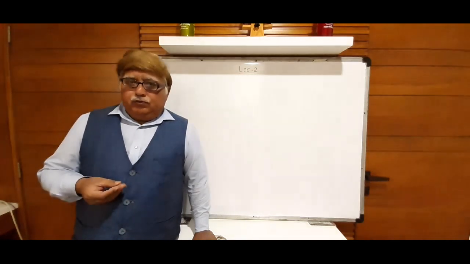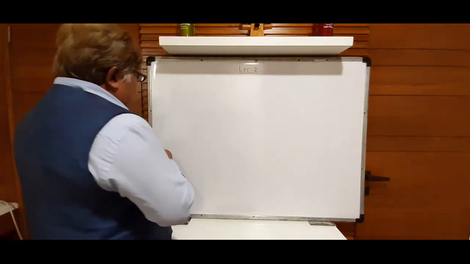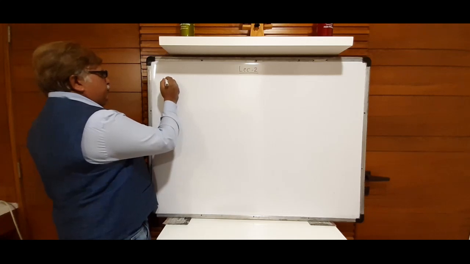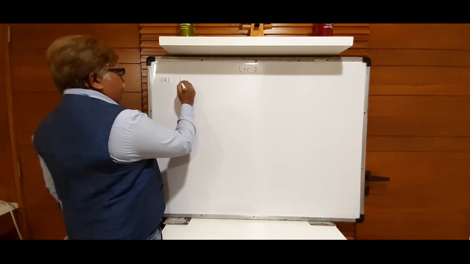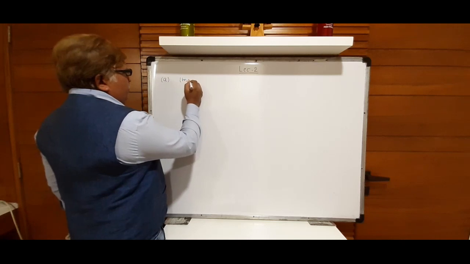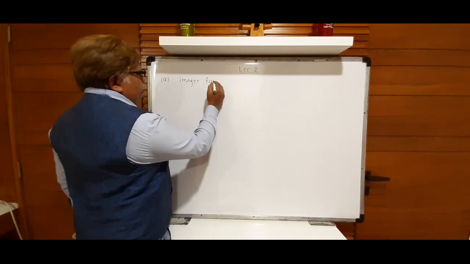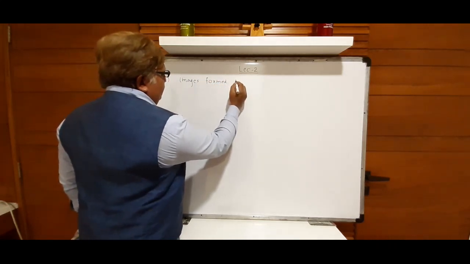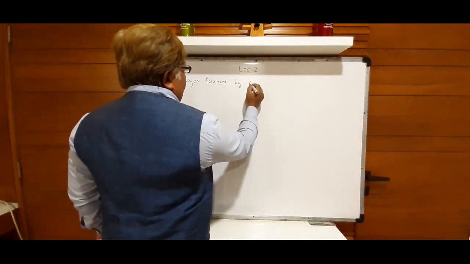Okay. So in today's topic 2.2 continues, right? But we make a title. First we are going to discuss 2.2a, that is, images formed by concave mirror.